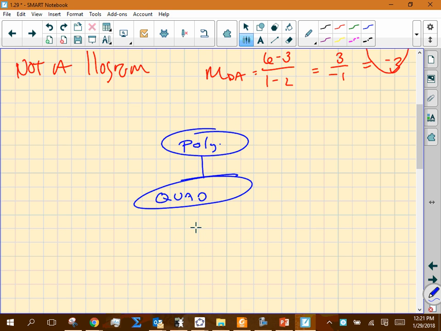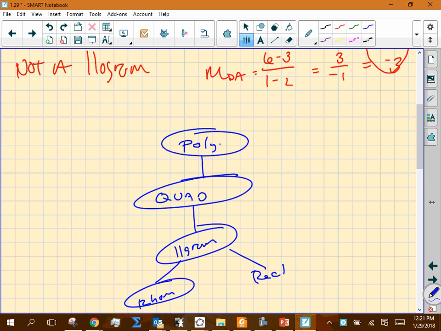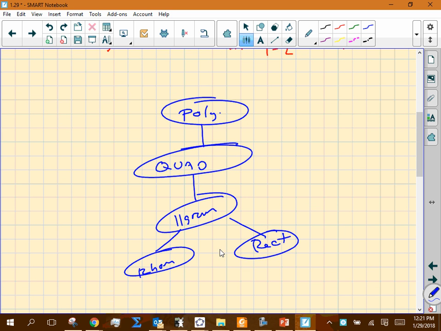That subgroup of quadrilaterals went down to parallelograms, and that went off to rhombuses, rectangles, right? And eventually those two things come together and provide us the square idea, right? But we just said it's not a parallelogram.